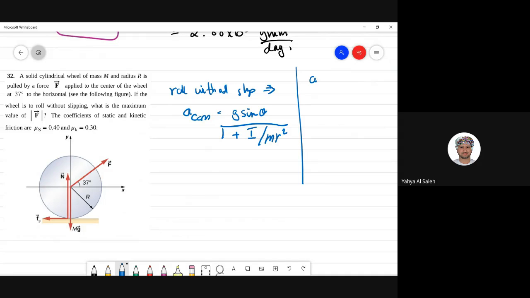For a cylinder, which is what we have in this question, ICOM equals half mr squared.